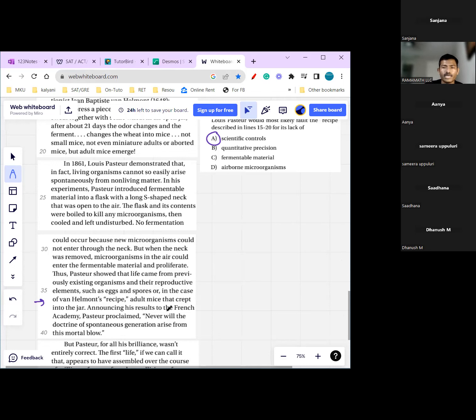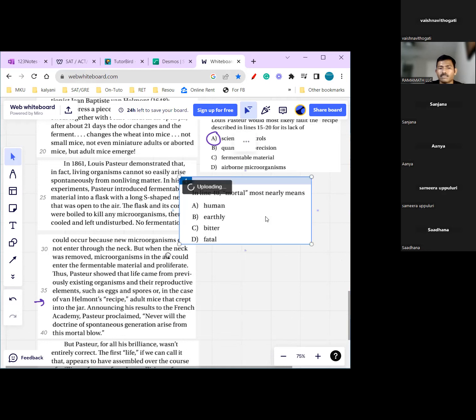Always look at the passage for the evidence, okay? It's not about what we think or what I think. It's all about what the author is talking about and the author's point of view, and then look for the evidence in the passage itself. That way we can get the best answers on the test itself.